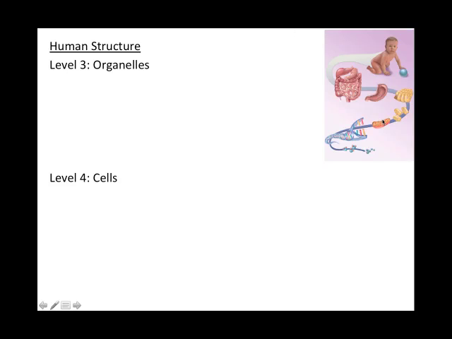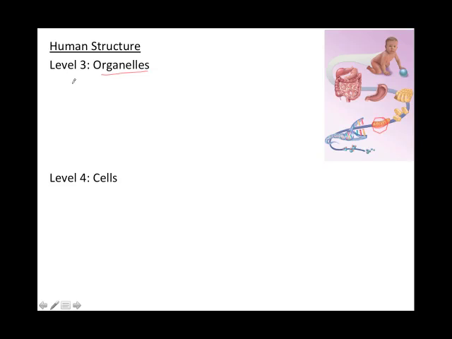All right, the next level of organization, which is right here, is called the organelle level. All right, and what we do with the organelle levels, we take the atoms that made molecules and the molecules that made macromolecules, and we join all those together to form these organelles.